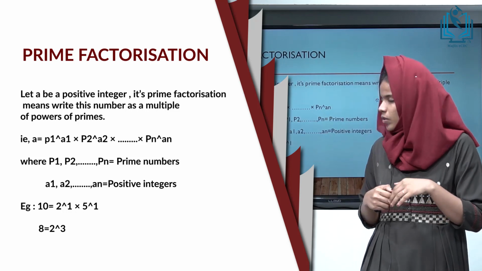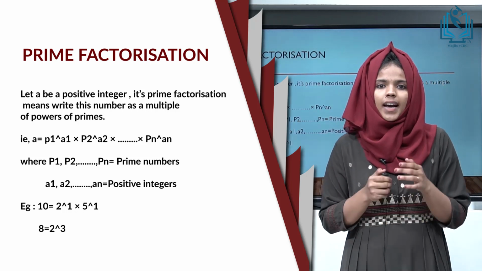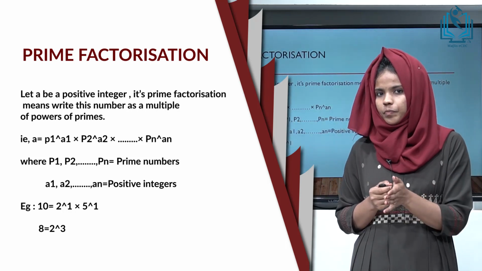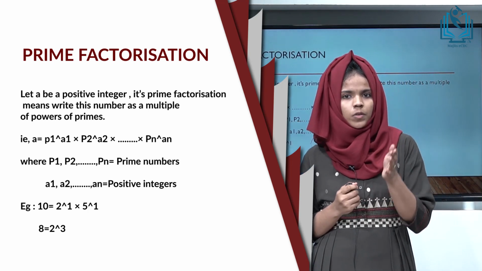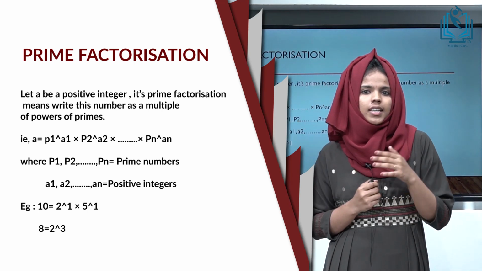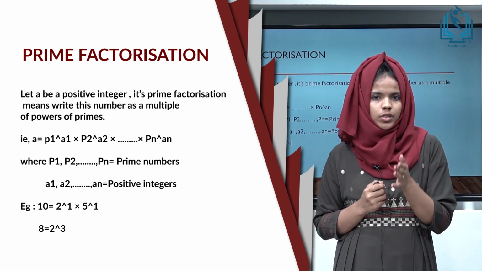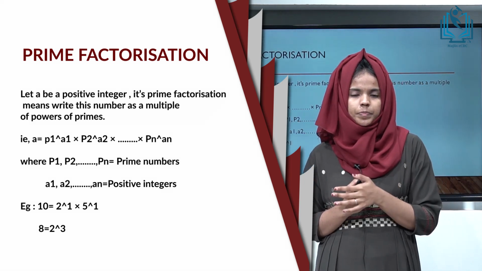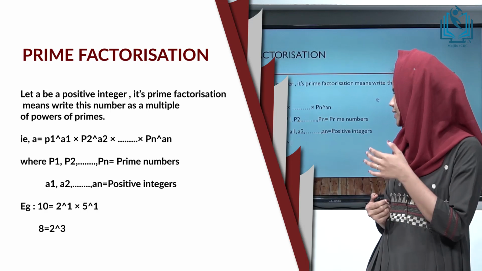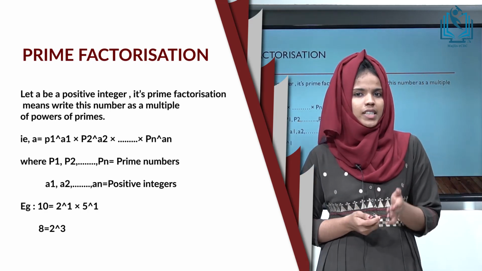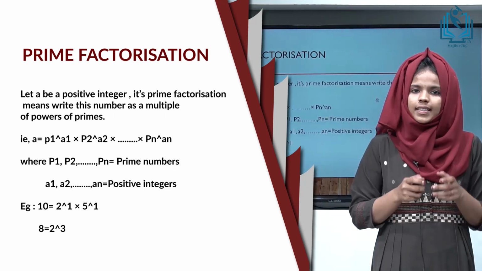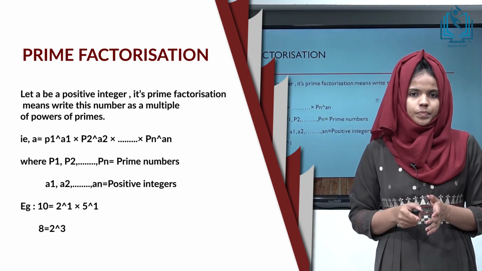And also another example, 8. 8 is equal to 2 into 4. 4 is not a prime, so we can write 4 as 2 into 2. Then 8 is equal to 2 into 2 into 2, which is equal to 2 cube. Here 2 is a prime and 3 is its power. So we write 8 as a product of powers of primes. This is the prime factorization of 8.